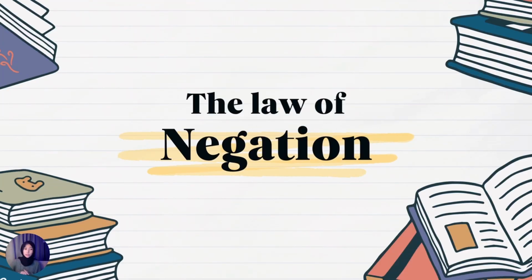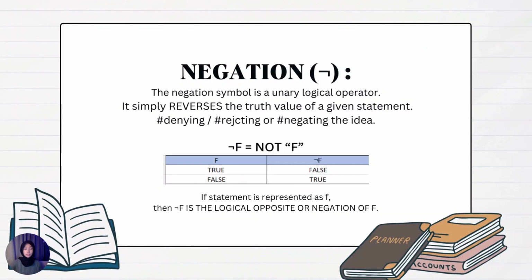So here I'm going to tell you about the law of negations. So here, this is a negation and this is the symbol of negations. The negation symbol is a unary logical operator. It simply reverses the truth value of a given statement, such as denying, rejecting, and negating the ideas.